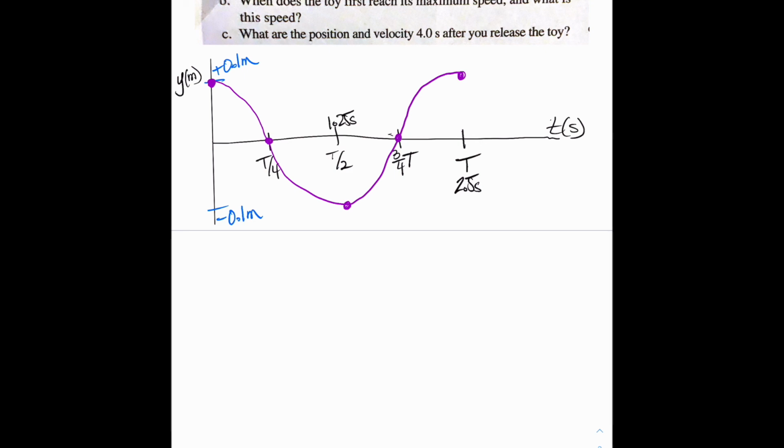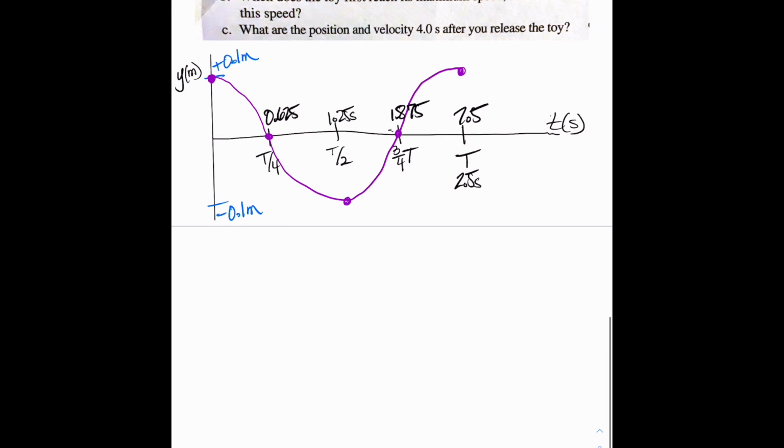And what's a fourth of that? 2.5 divided by 4 is equal to 0.625. And what about 3/4 of that? So plus 1.25, 1.875. And then obviously 2.5 right here.